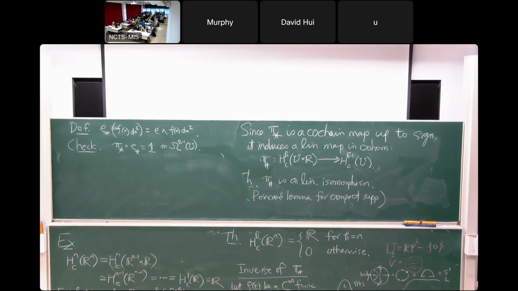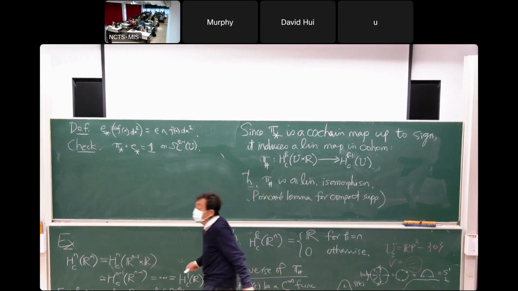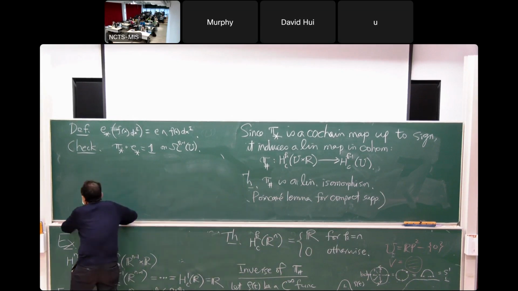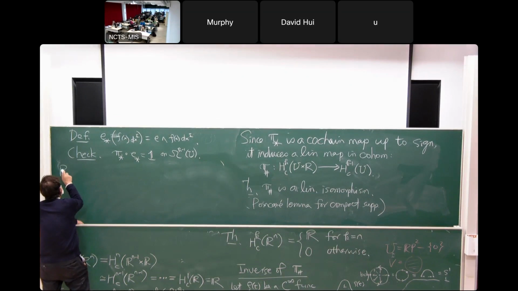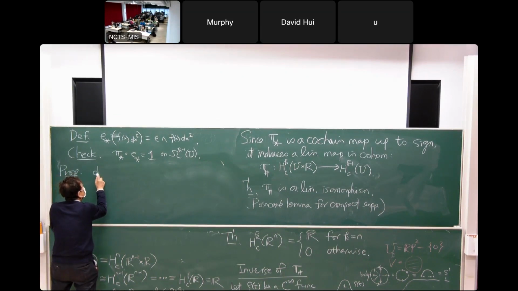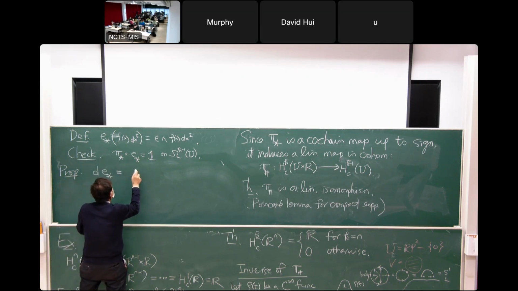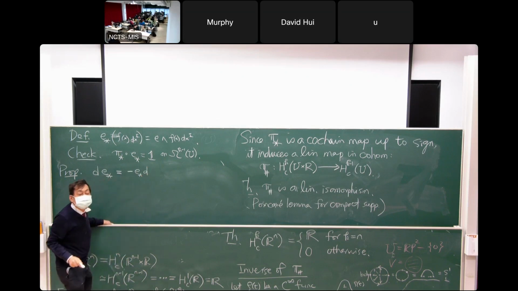And so we have to show that this E lower star induces a map in cohomology. And that means we need to show that it's a cochain map. Okay? It has to commute with D. And that is true. So here's the proposition that D E lower star is E lower star D, but again with a sign.